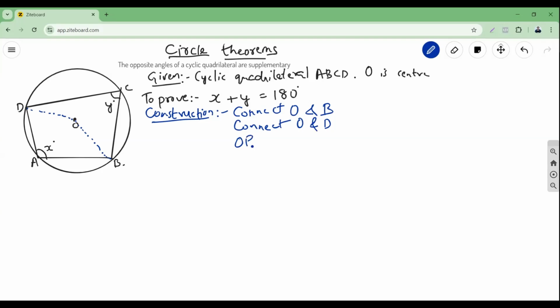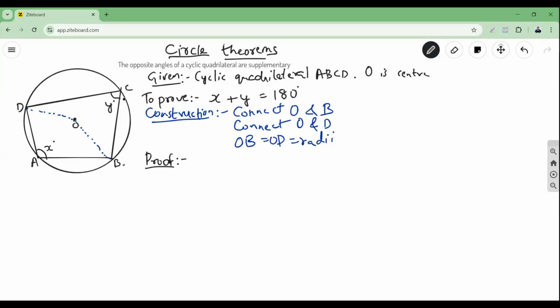OB is equal to OD, they are radii. So that is equal, we know that. Because we know that, next let's go to the proof. For this proof, we are going to use existing theorem knowledge.